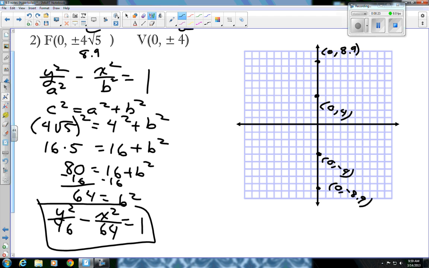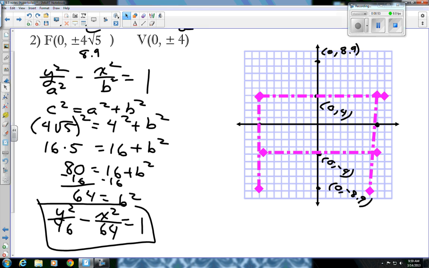So if we did the box, we go 8 and 8. Okay.